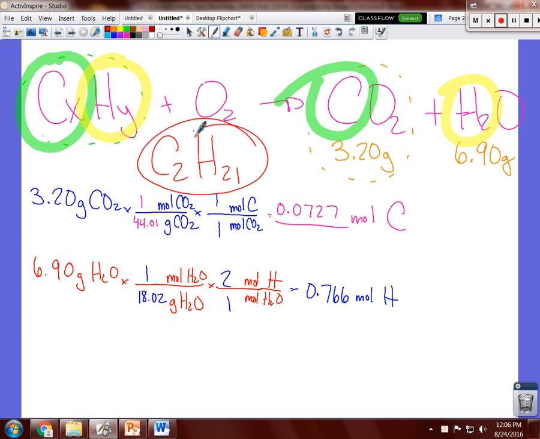C2H21. So it was C1H, something almost 11, right? 10.5. Now, divide both of these by the smallest, and then each one of these numbers has to be within 0.1 of a whole number. And you treat those numbers as subscripts.